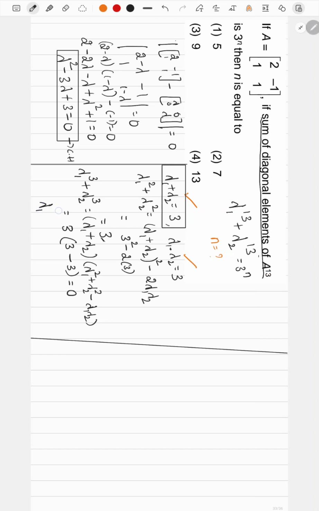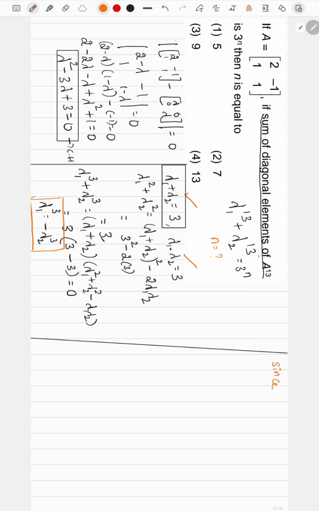From this I can conclude lambda 1 whole cube is equal to minus of lambda 2 whole cube. Lambda 1 whole cube is nothing but the negative of lambda 2 whole cube.